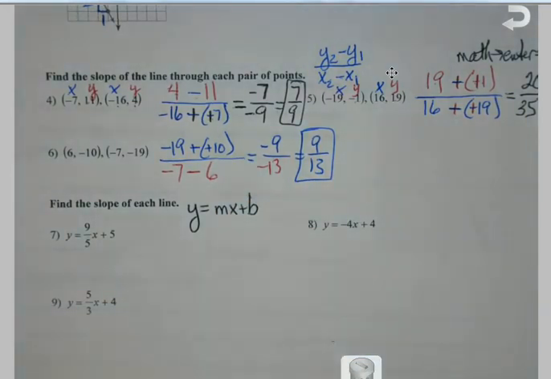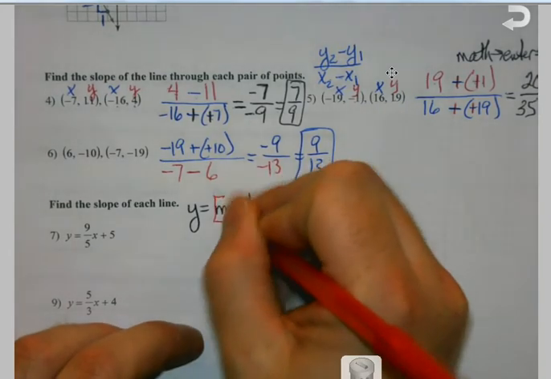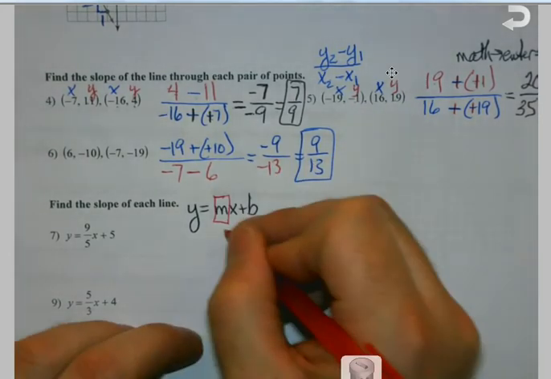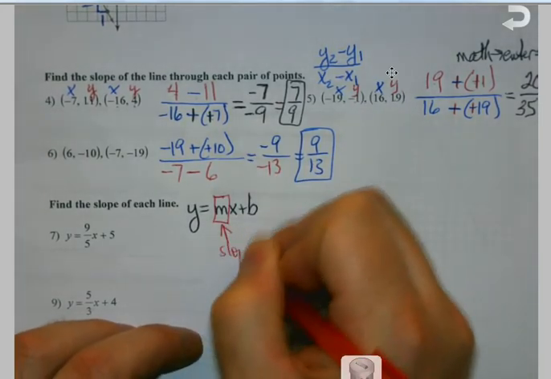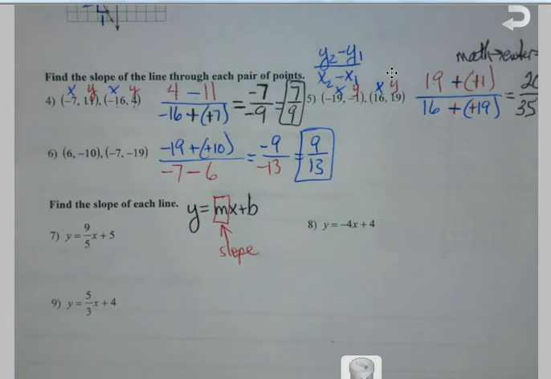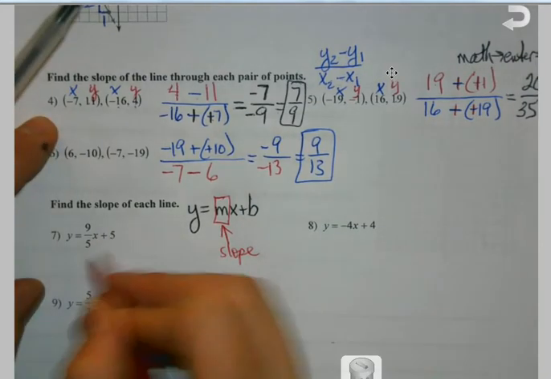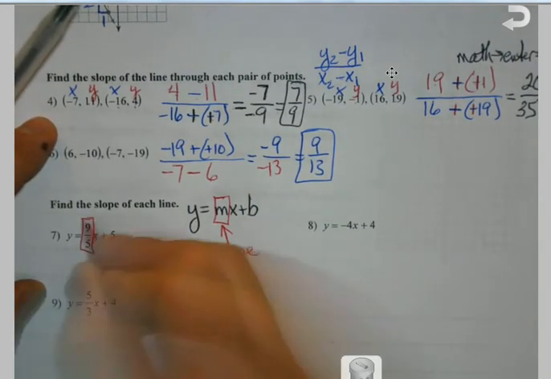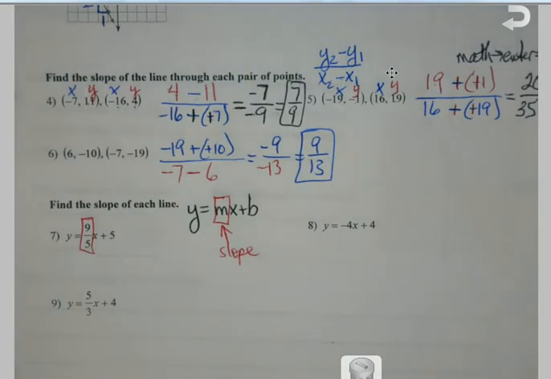So all you have to do is find the number that's in front of x, and you found your slope. No math. Just remember it's the number in front of x. Wait, so for 7 would we divide 9? No, nothing fancy. My slope is 9/5. I'm done. It's already set up. You just have to be able to recognize that it's that number and not that one. So number 8 is negative 4.